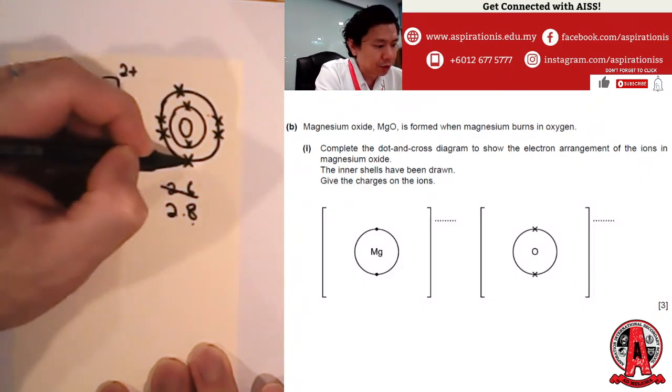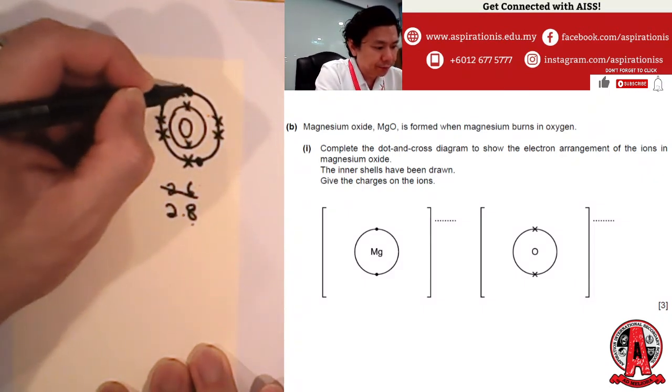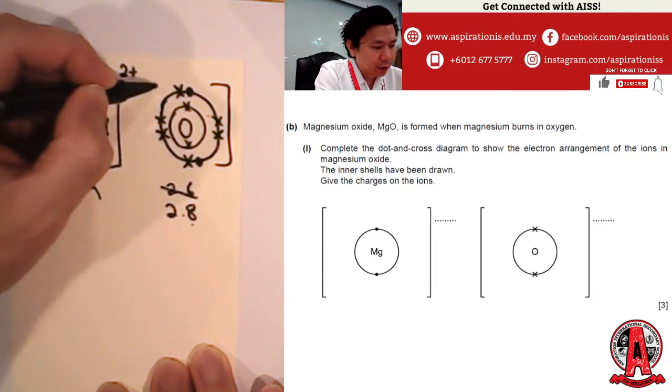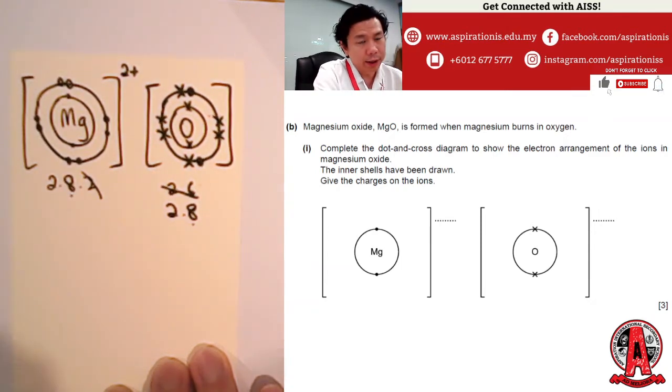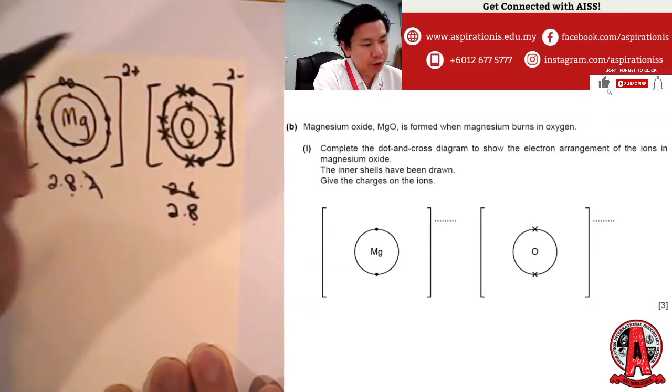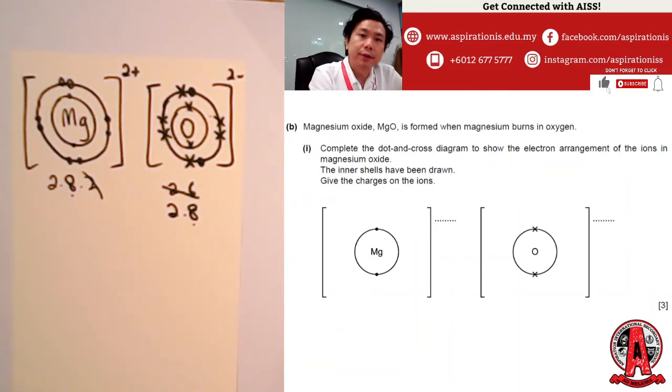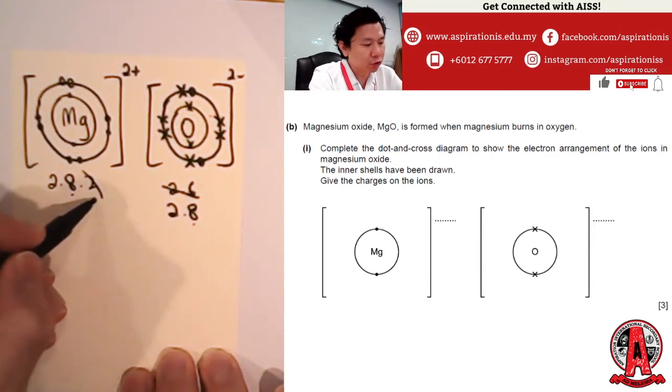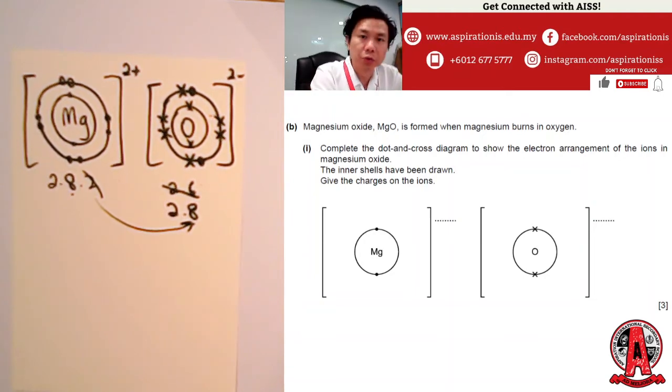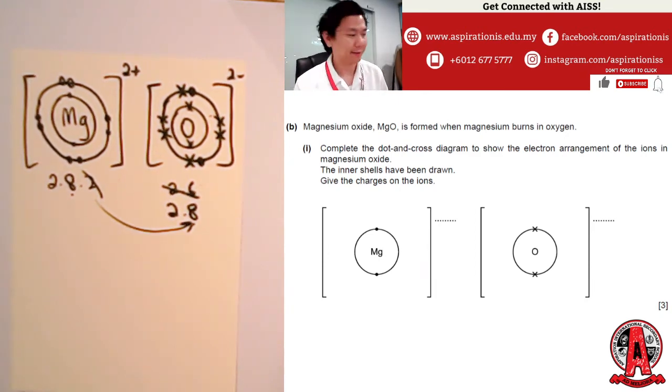And now you got 2 from magnesium. So now you've got 2 extra electrons, so your charge is 2 minus. So this is how you draw the dots and crosses diagram for magnesium oxide. So 2 electrons have been transferred to the oxygen atom. Let me know if you have any questions.